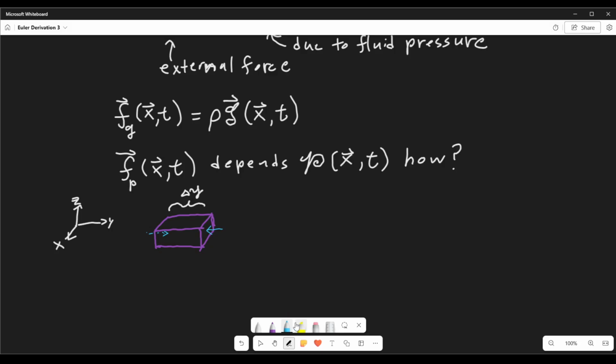So basically the force of pressure pointed in the y direction is going to equal the pressure, and let's say this is y naught, at y plus delta y.